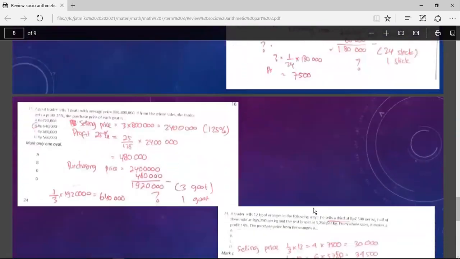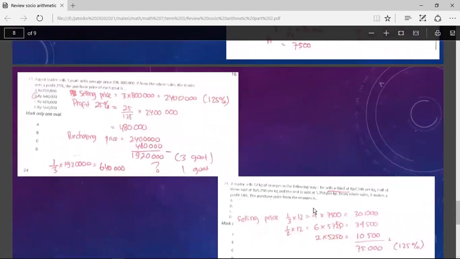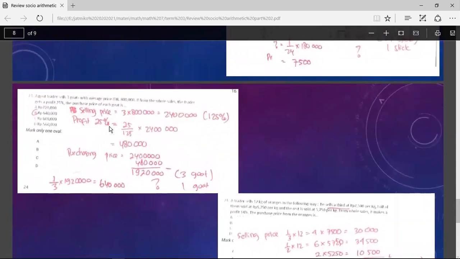Okay, we move to the next question, number 23, one of the last 3 questions. So now we have a coat seller. They sell 3 coats with an average price of 800,000.